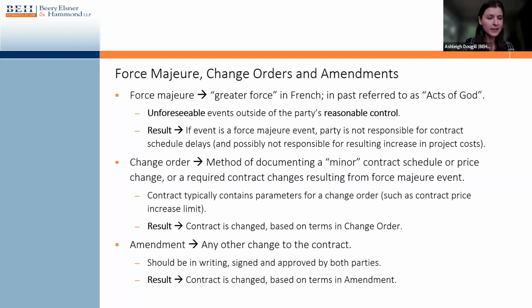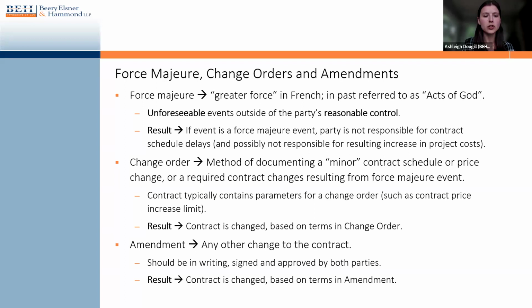It can also be pandemics, etc. You can imagine all the sorts of unforeseeable events that can happen. And the result of claiming an unforeseeable event is that if a party successfully claims force majeure, then that party is not responsible for contract schedule delays and possibly not responsible for resulting increase in project costs, depending on how the agreement is drafted. So that's your excuse for not meeting the schedule.